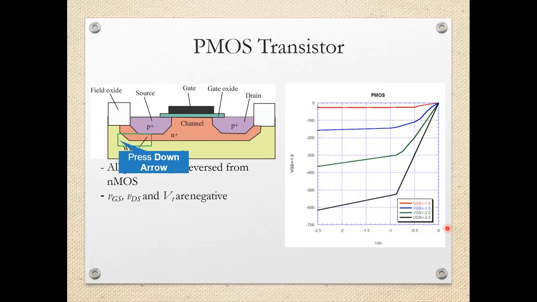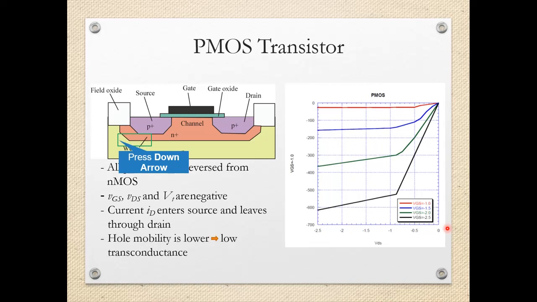VGS, VDS and VT are negative, and you can just see the characteristic for the PMOSFET. It is exactly in the opposite quadrant of operation. We have the negative values for VGS, VDS and VT, but the nature of the characteristic is same. Current ID enters source and leaves through the drain.